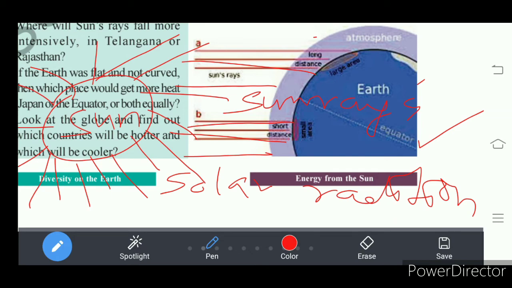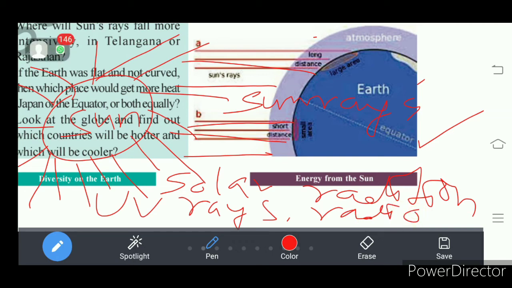So we know that light and heat coming from the sun is energy. Other forms of energy also come from the sun: UV rays, radio waves, then X-rays. These are all different forms of energy which come from the sun. We cannot see them.